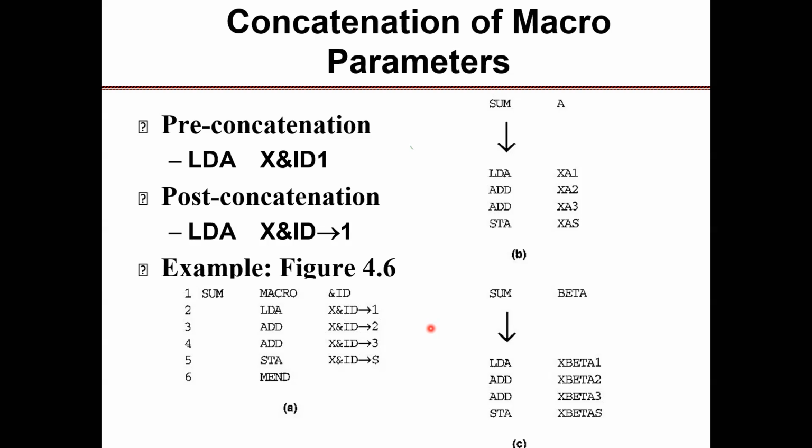So that's what this example here is talking about, this concatenation of macro parameters, where we can take parts of a name and parts of another name and concatenate those together to come up with a name that's more descriptive of this particular macro. Because remember, we're defining the macro once, but we're expanding it many times. So when we expand it in our code, we may want to have some sort of unique identifier saying, hey, this is the first time I've expanded this macro.